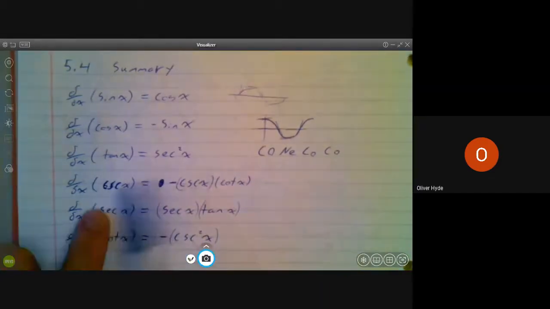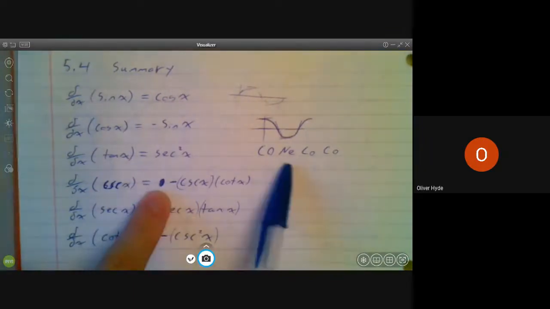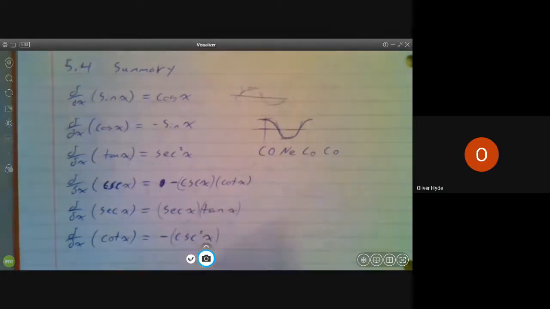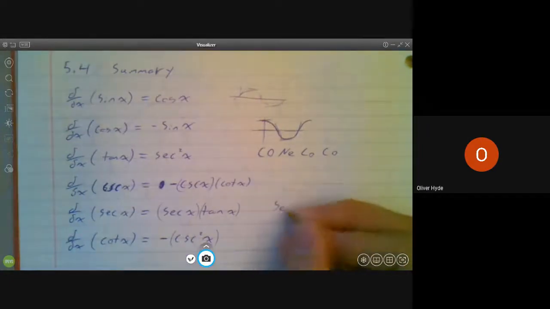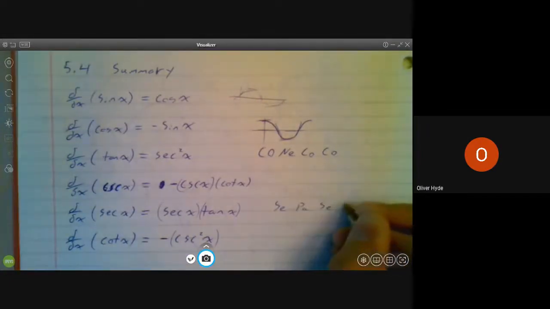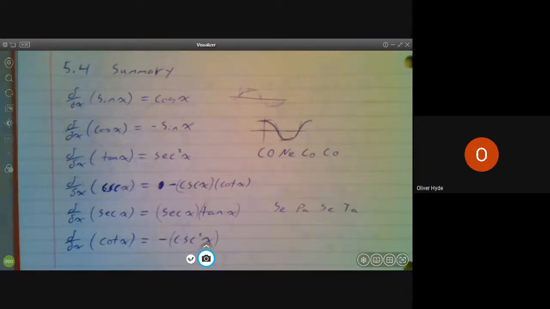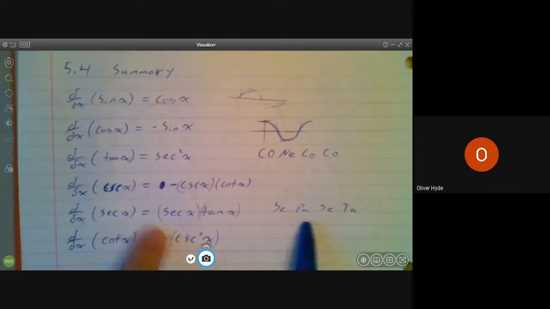So here's how Koni Coco works. This is a cosecant of x. Its derivative is the negative of the cosecant of x multiplied by the cotangent of x. And if you get Koni Coco down, then that'll probably leave you with whatever is left for the second derivative. I've seen students try to use the "c-pasita", but that's just nonsense. It doesn't sound as nice as Koni Coco. I guess the derivative of the secant of x is the positive version of the secant of x multiplied by the tangent of x.